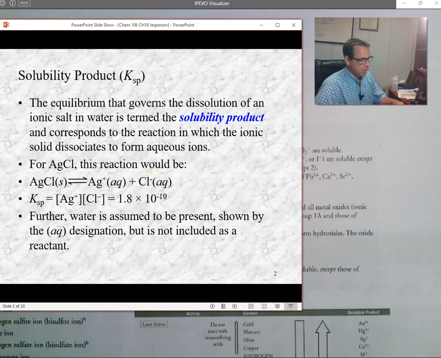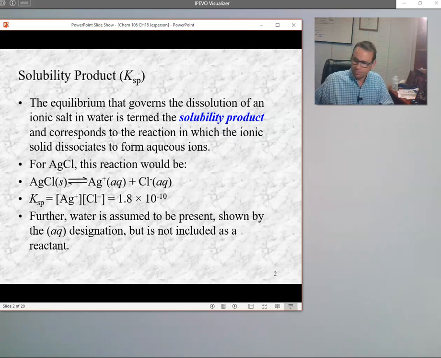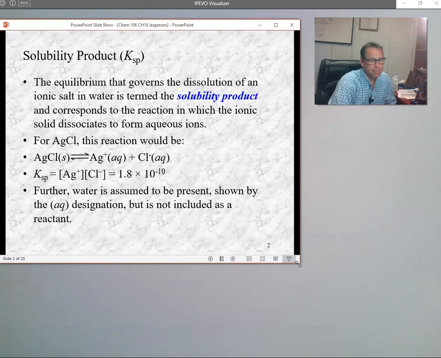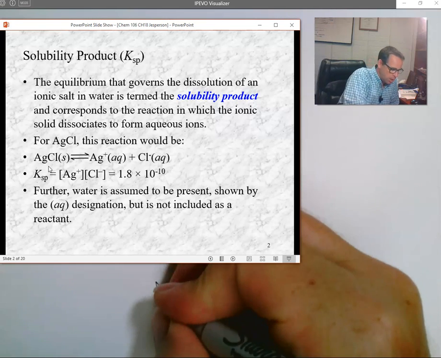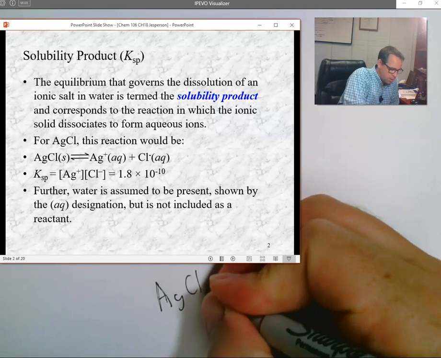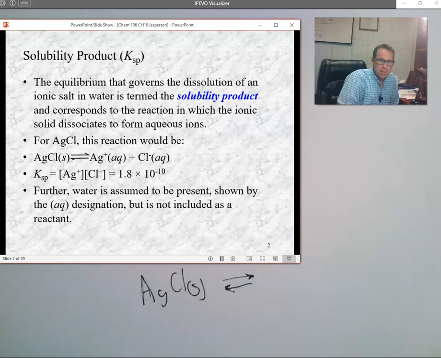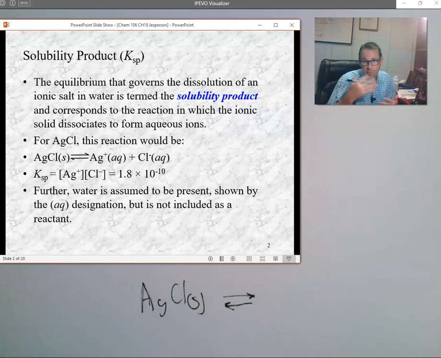So we think of a compound like silver chloride. If we look at our solubility rules, chlorides are generally soluble, but with silver, not soluble. But there's a K associated with this process. Here we have silver chloride, a solid, and we're saying that it's not soluble.